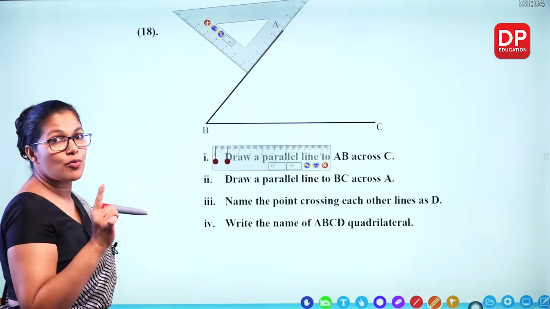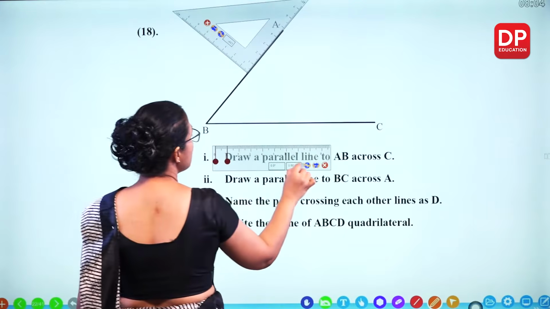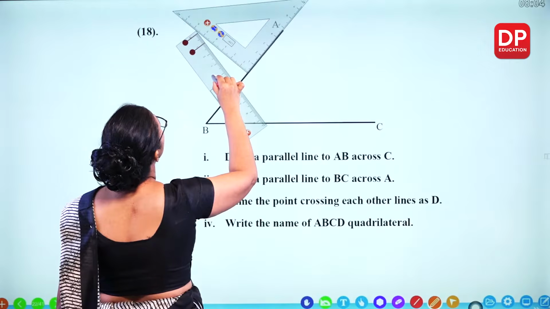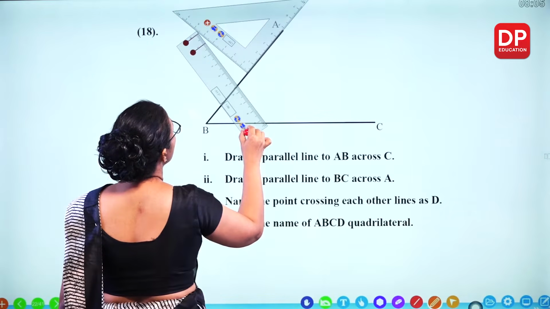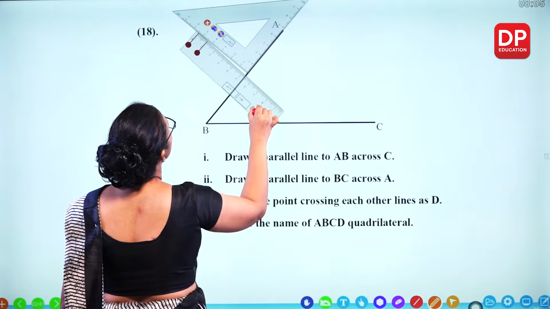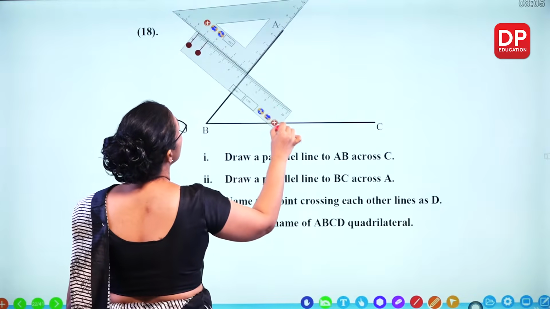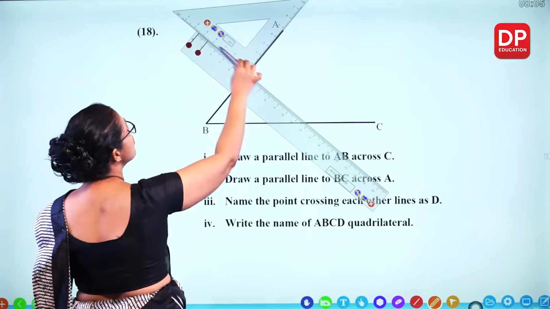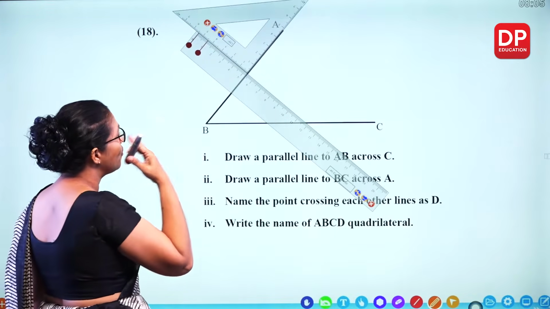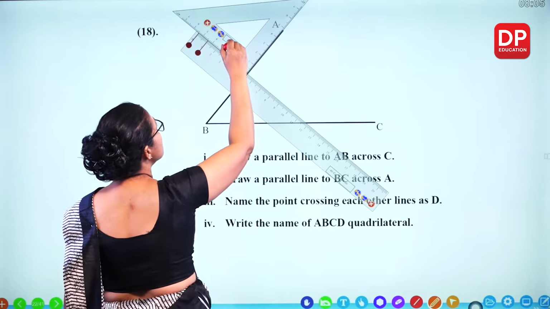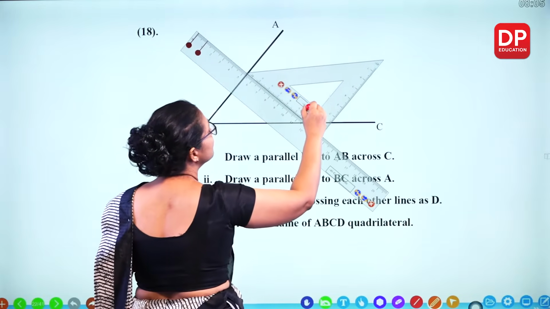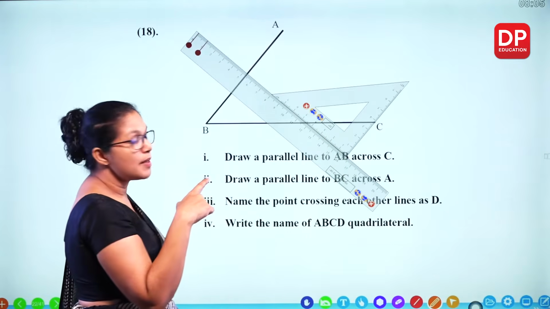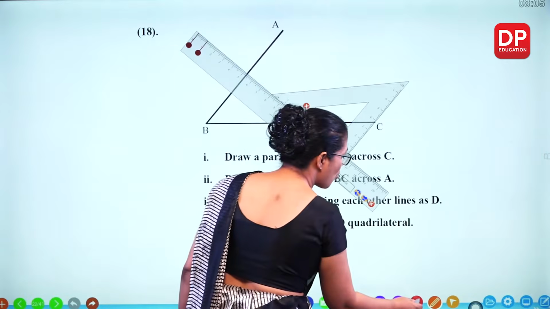So keep the set square on AB first and then take the ruler and keep it on top of this edge, and then you hold it tightly and push the set square down, and the line should pass through point C. So we keep it like this and draw a line.